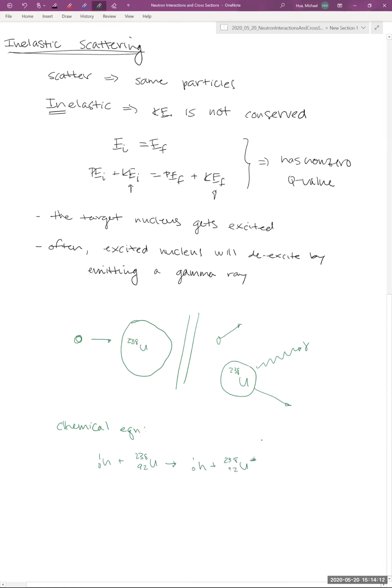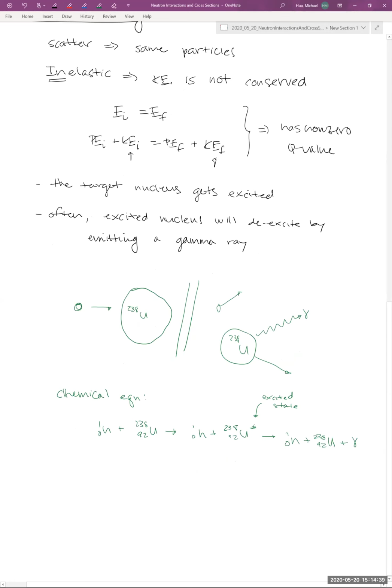And I put a star here because this means that it's in an excited state. And then the last step is, again, still neutron plus uranium-238 plus the gamma ray, which comes from the de-excitation.